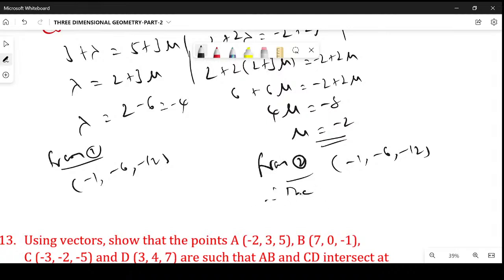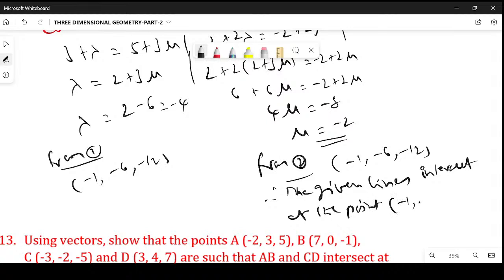Therefore, the given lines intersect at the point minus 1, minus 6, minus 12.